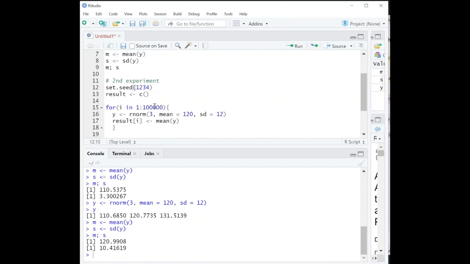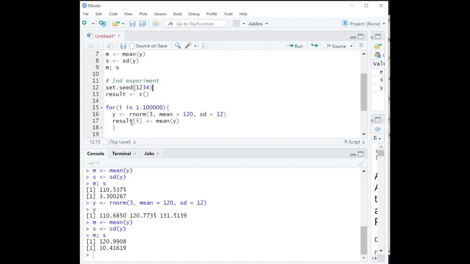And any time you do this, please update the index I. So the first time the loop is done, a vector Y is created with 3 individuals taken from a Gaussian population. Then the mean is calculated and it is assigned to the result vector in the first position. Because the first time I is equal to 1, it is written in the first position.